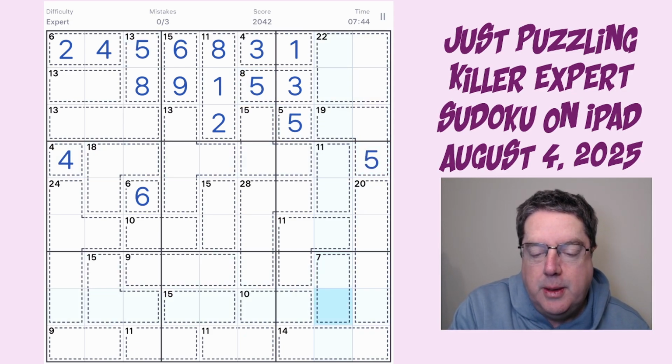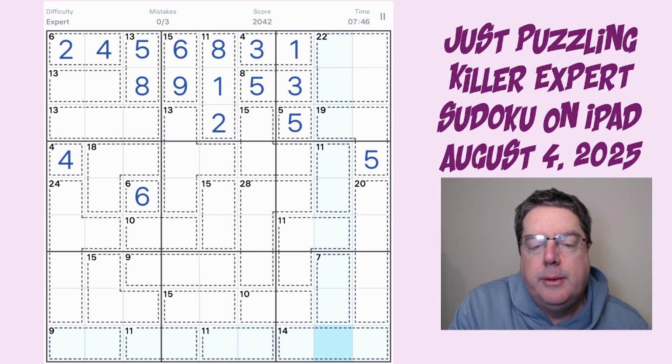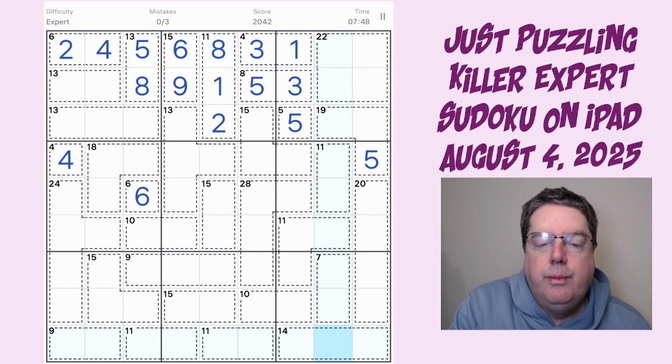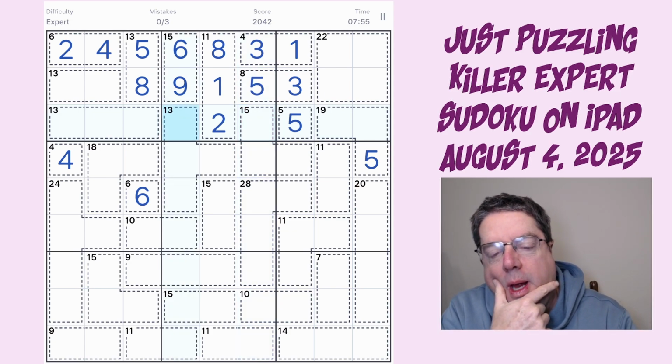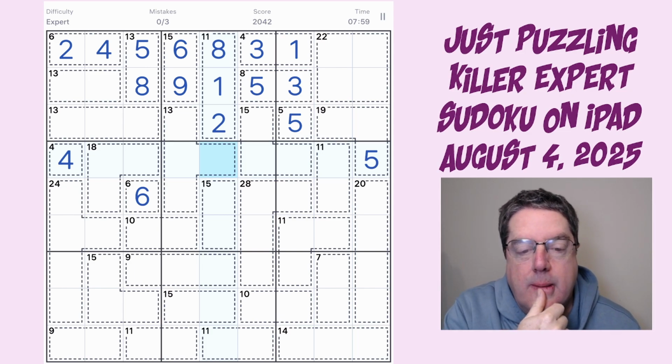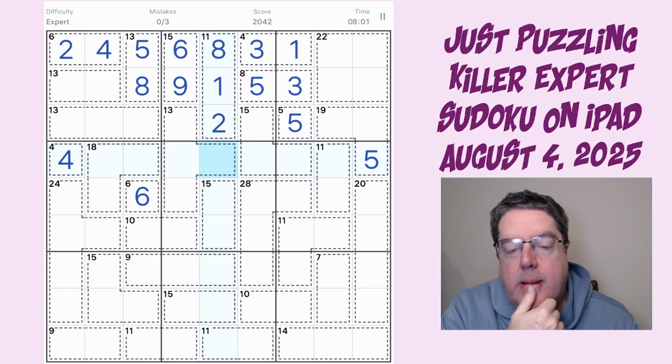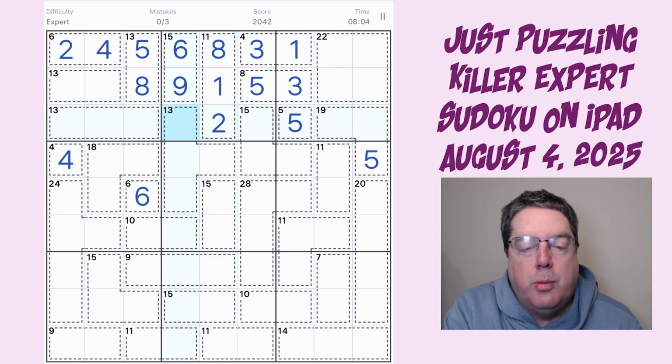So 5 is going to be in this column here. So 7 and 4 are these two numbers here. If that was a 7, this would have to be 2, 1, 3, can be. 4's a more likely number, but I can't call that.